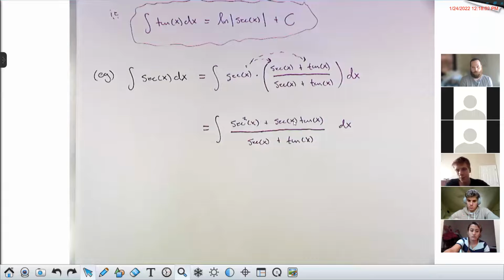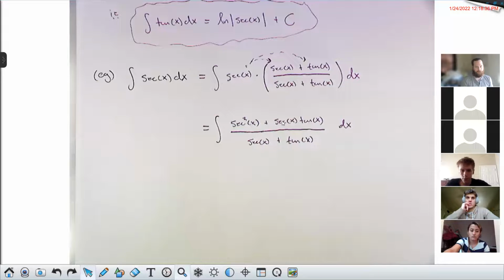Those should both ring a bell. Where do we see secant squared show up? Genuinely looking for an answer. You can DM if you feel shy, but I just want to feel out what you guys see.